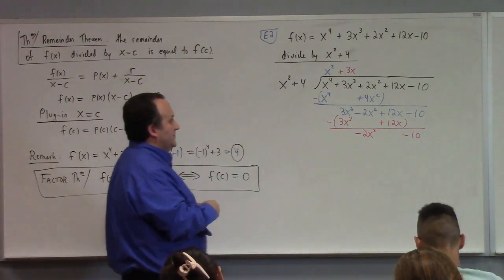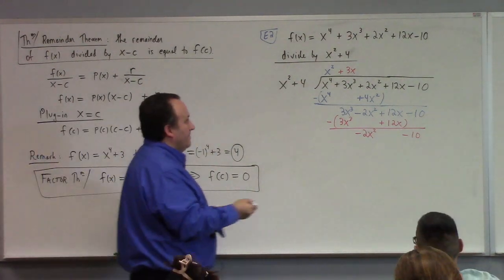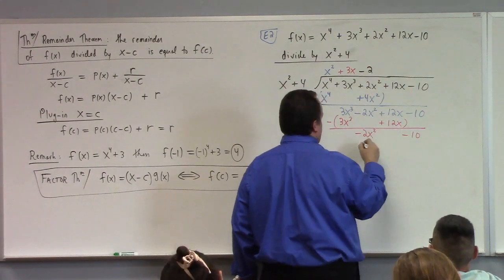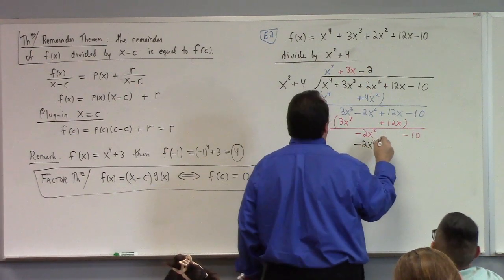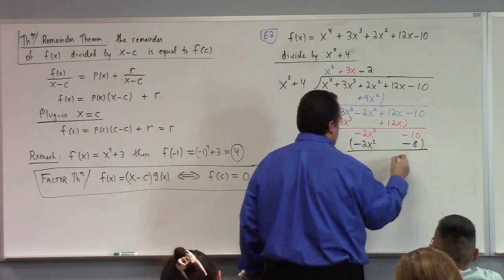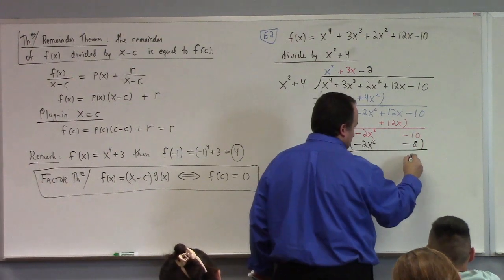And let's see here. What's my next move here? Minus 2? All right. Wonderful. That gives me minus 2x squared minus 8. And what happens here? Looks like we get a remainder of 12.